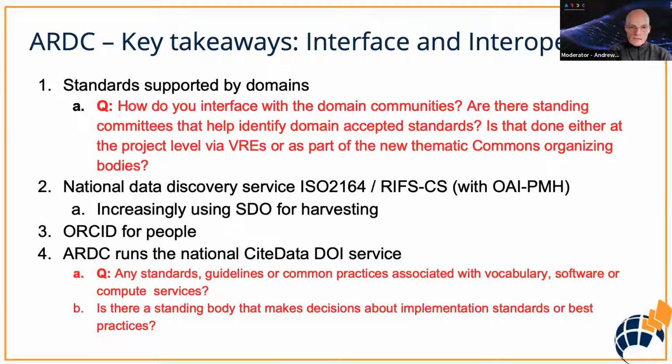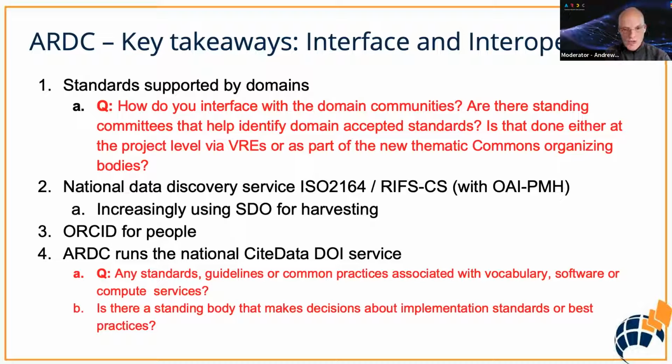We were asked about what standards we support. We essentially support the standards supported by the different research domains. We do run a national data discovery service, as I've said, based on an obscure international standard that none of you will have heard of, called ISO 2164:2010, where we've defined our own XML-based metadata schema called RIF-CS.